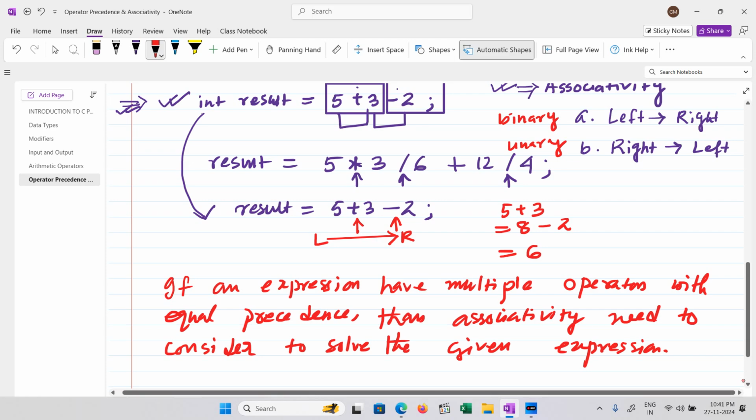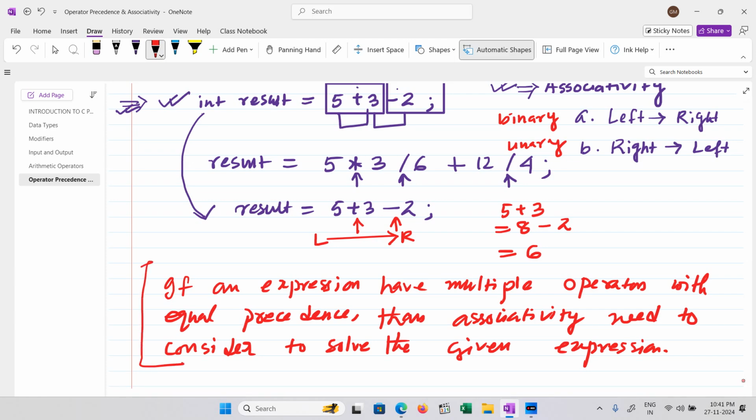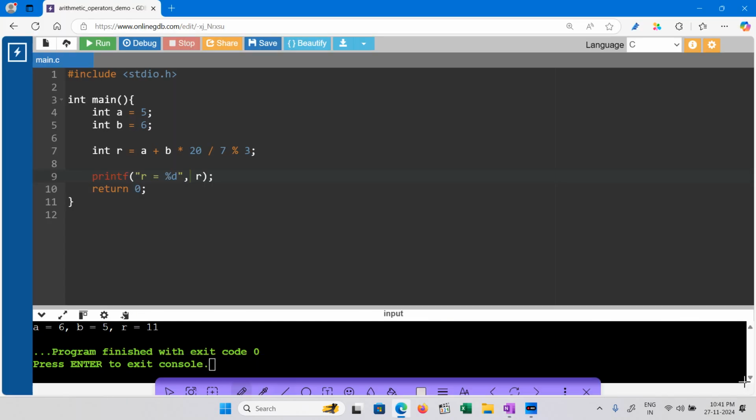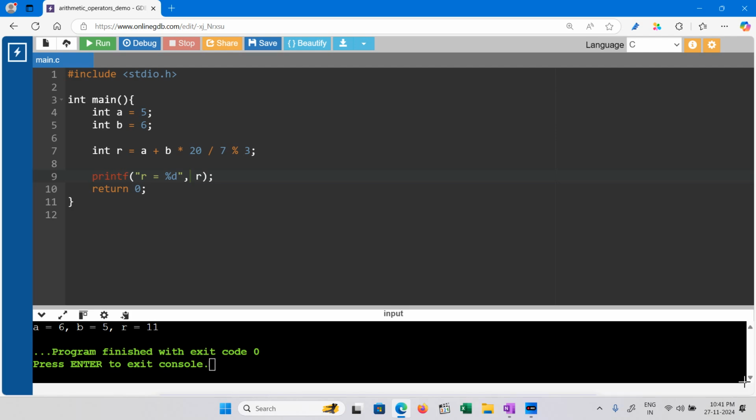Now here we know the order is left to right, so let us follow the order left to right. We are not using any pre or post increment, so we can replace the values directly. A is 5, B is 6, multiply by 20, division by 7 and modulus by 3. If I follow left to right, this part will be evaluated first.